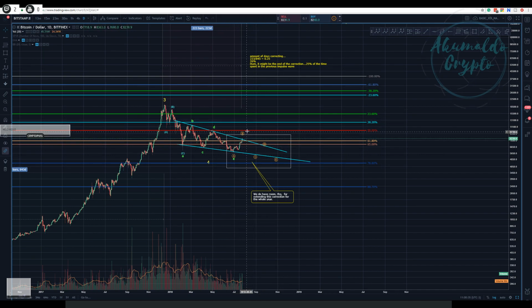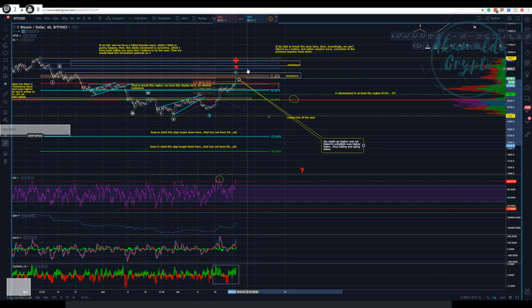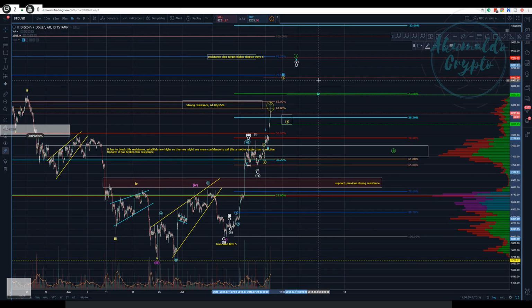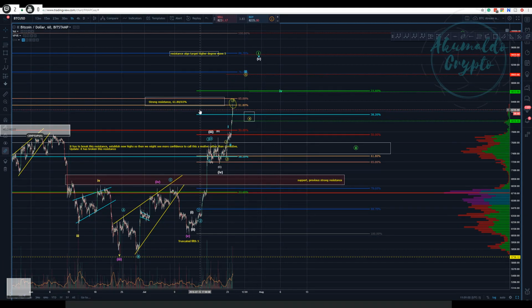If it breaks down to the area of this triangle here, pay attention, because this might imply that we don't really have a trend reversal, but something like a failed impulse wave, and then we are going to start going down again. My bias now is bullish. It's impossible to say that it's anything different.